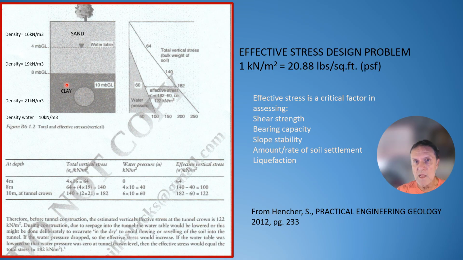Okay, just an example of some of the conditions and calculations and parameters that you have to figure in when you're designing, when you're building, and when you're maintaining a structure. Okay, effective stress is a critical factor in shear strength, bearing capacity, slope stability, soil settlement, and liquefaction during earthquakes.